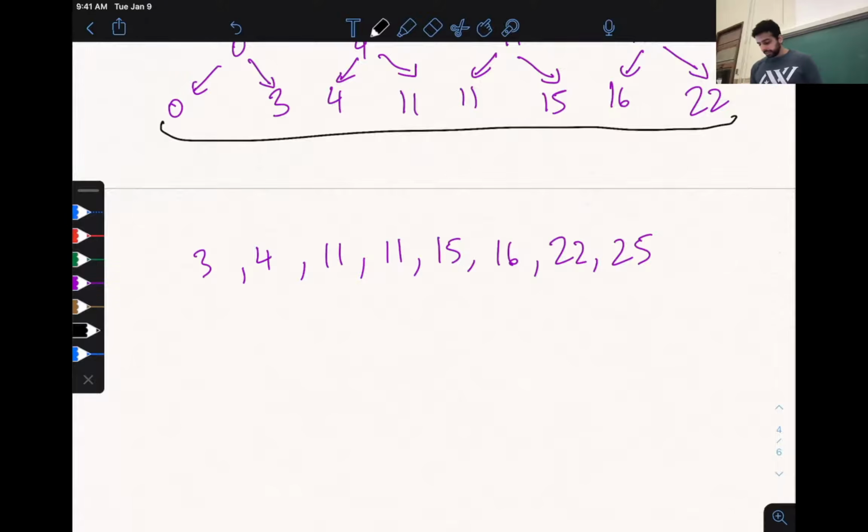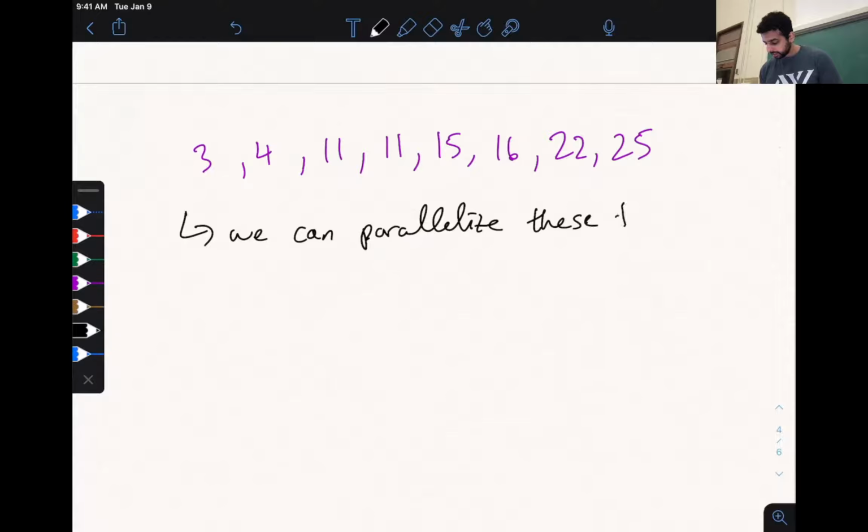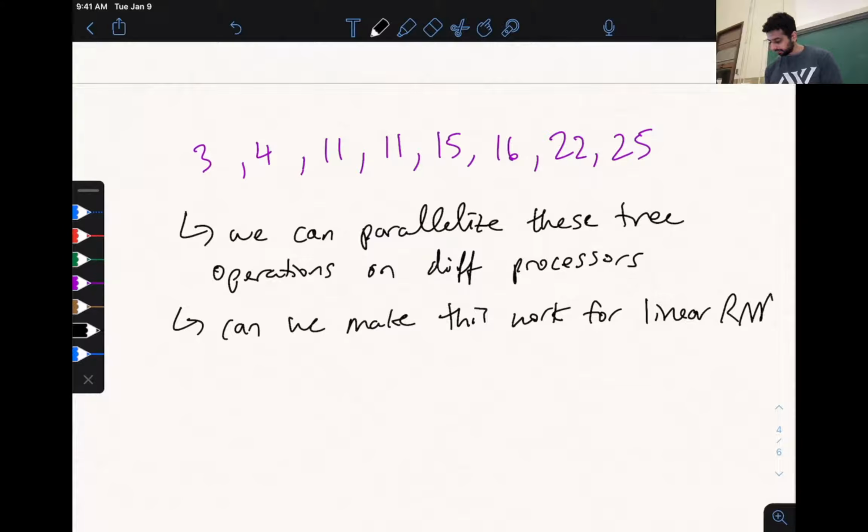Other questions? Okay, let's get back to the linear RNN then. I'll just note that we can parallelize these tree operations on different processors. So can we make this work for a linear RNN?